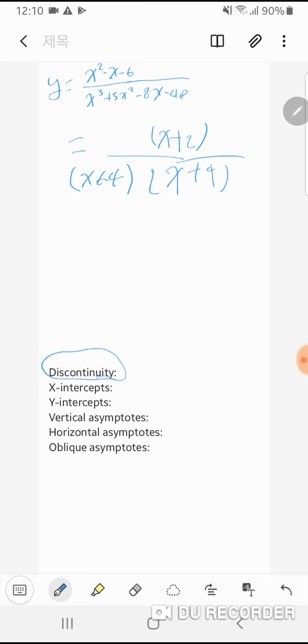For the discontinuity, our discontinuous point should be where the vertical asymptote lies, which is -4.